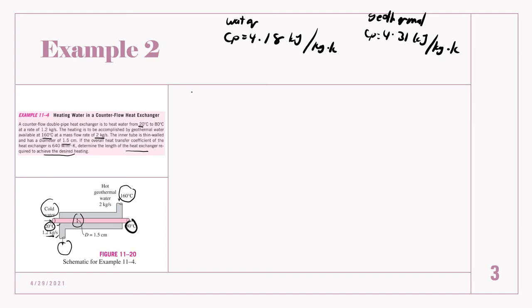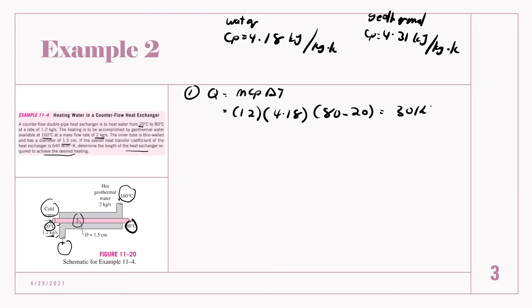So first we can calculate the heat transfer at the cold water side using the heat balance equation, m Cp delta T. So m is 1.2, Cp is 4.18, delta T is 80 minus 20. So we will get 301 kilowatt. Okay, so this part is for cold water.